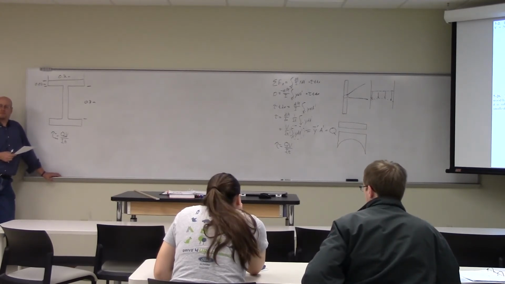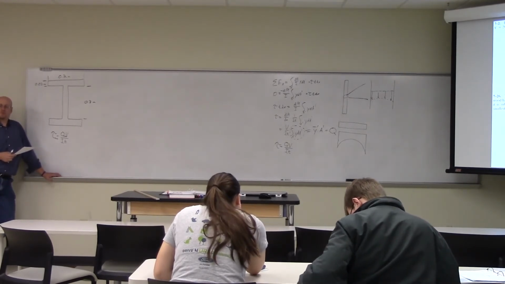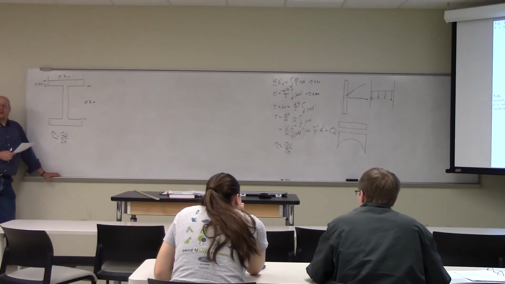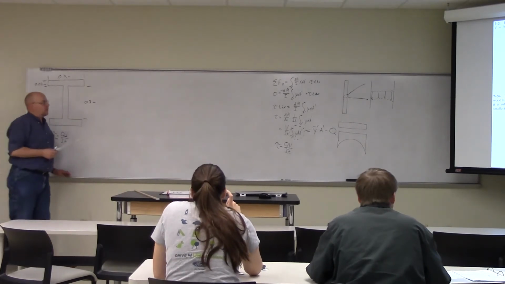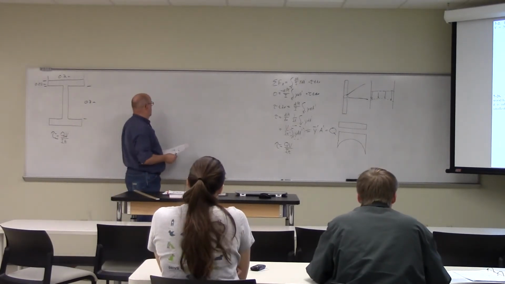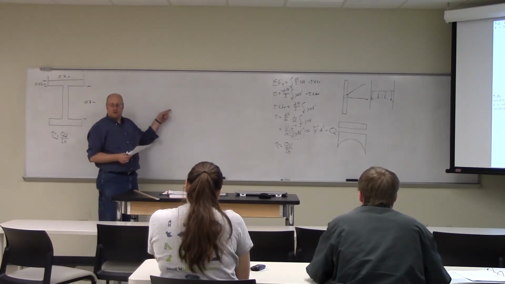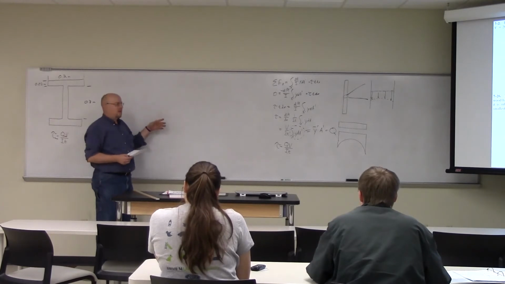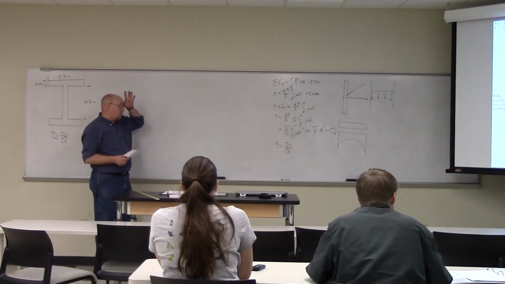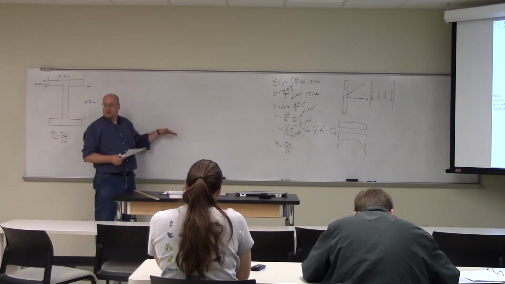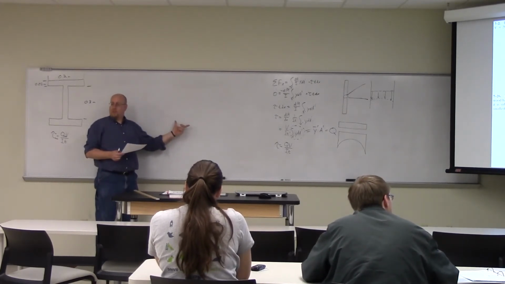So Q max, wouldn't that just be if we take the center of the entire beam and the area of the entire beam? It would not be, because if you remember, as we talked about before, once we get below the neutral axis, the forces start to compensate.